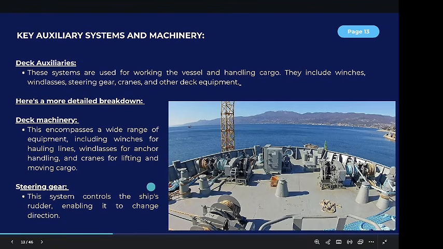Another one is the mooring winch, which is used to secure the ship to the dock or the pier.